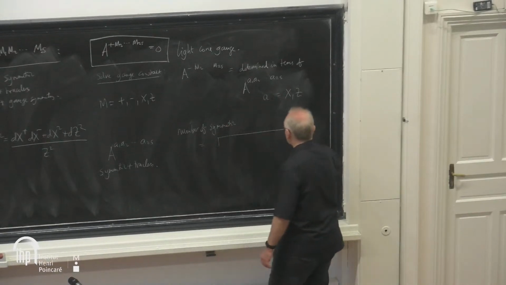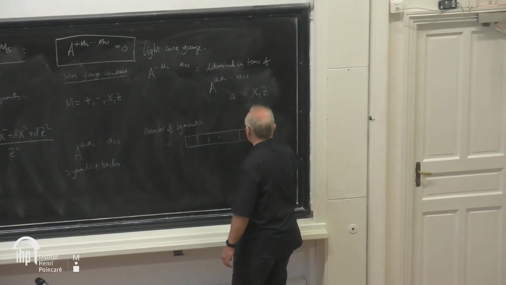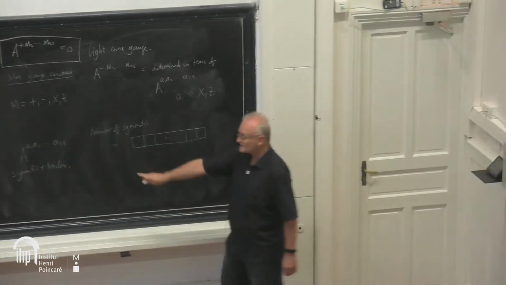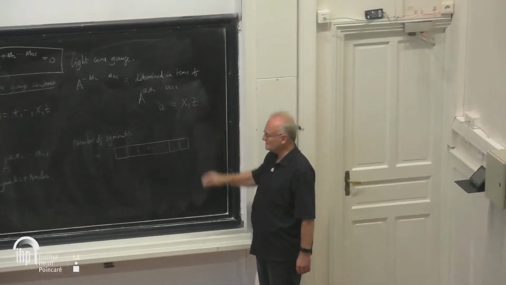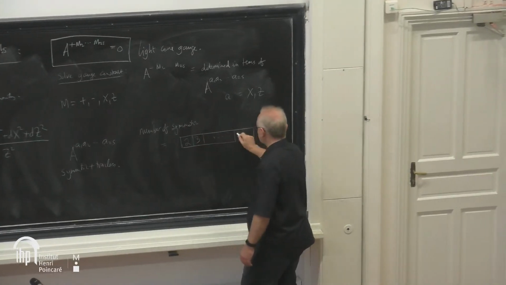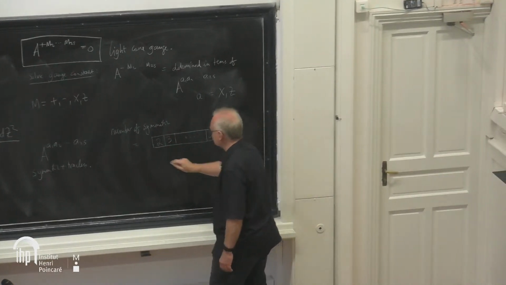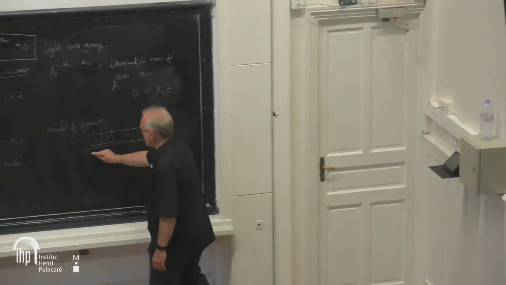So again, we draw a Young diagram. Now it's slightly different to what we had before because each index here can only take 2 values, the x or the z. So we start off with a 2, a 3, and this is s plus 1 over, and now we have the hooks.